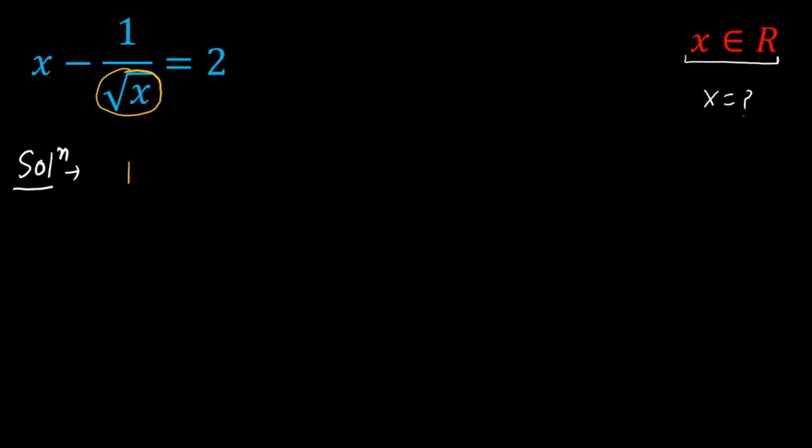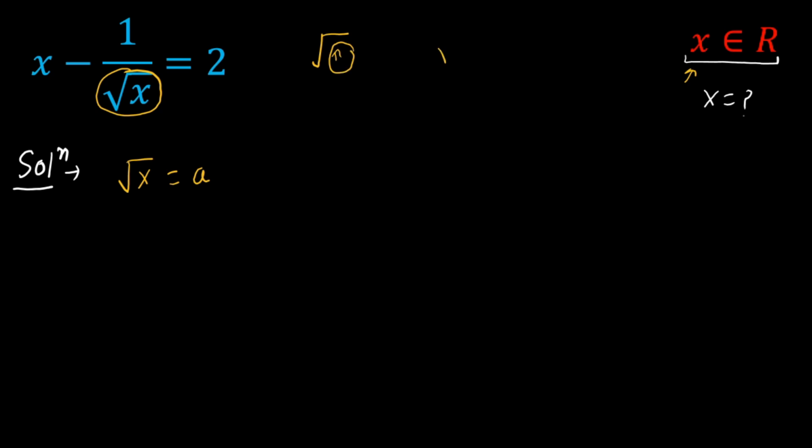If we substitute square root of x equals a. We know that the square root of a positive number is also positive, and if inside the square root is a negative number, then it is a complex number. Here we are talking about real numbers, so x is positive, because if inside the square root is negative, then the expression is complex.